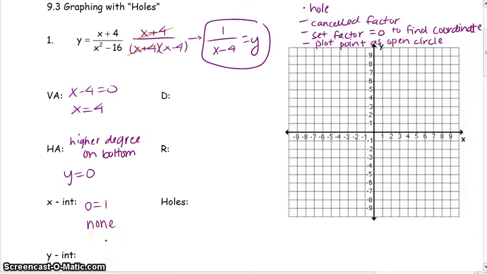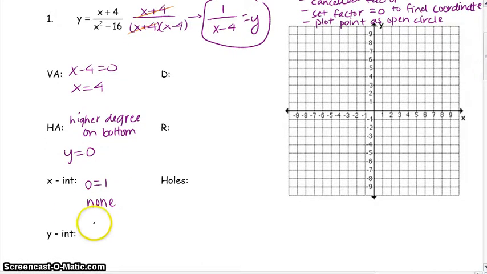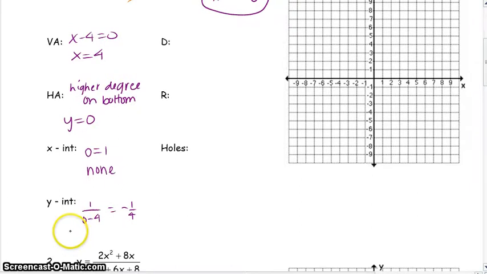And then to find our y-intercept, we just set x equal to 0. That gives us 1 over 0 minus 4, which is negative 1/4. So the point is 0, negative 1/4, which is negative 0.25.